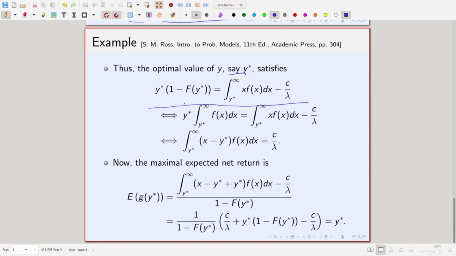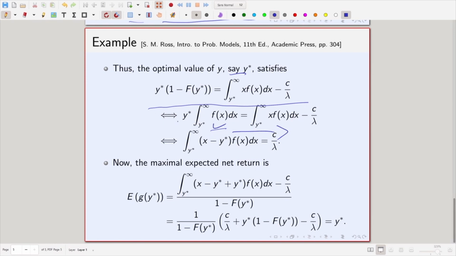Now, what is 1 minus F(y star)? Remember, F is the CDF and the random variable has a density. So 1 minus F(y star) is just the integral from y star to infinity of f(x) dx, and this side you keep as it is. Now you take this thing to this side.